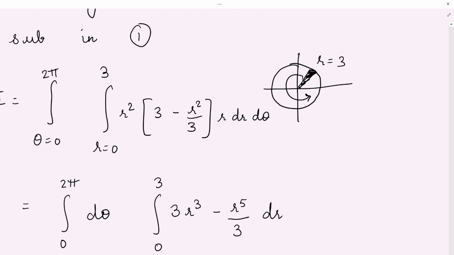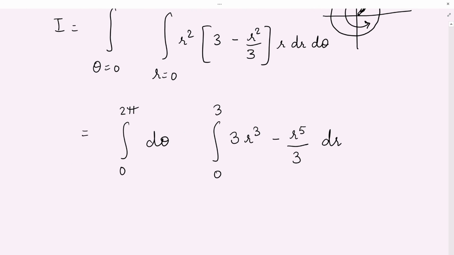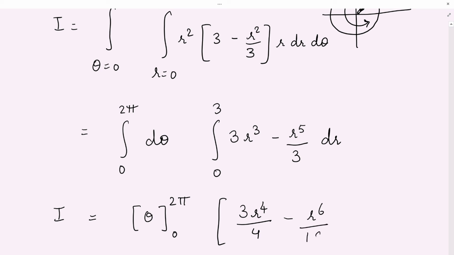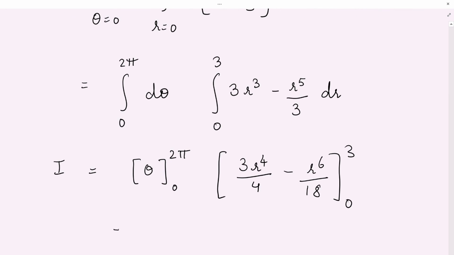Okay, so let's integrate this to get the final answer. So integration will be nothing but 0 to 2 pi, 3r raised to 4 upon 4 and r raised to 6 by 18. Let's substitute the limits.